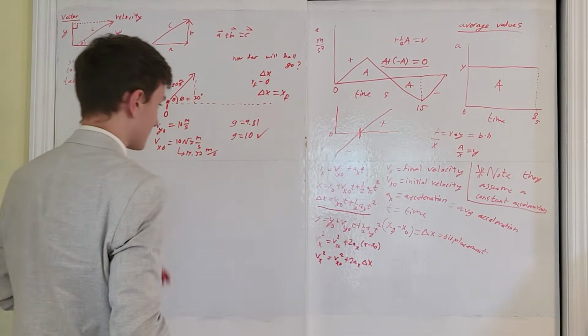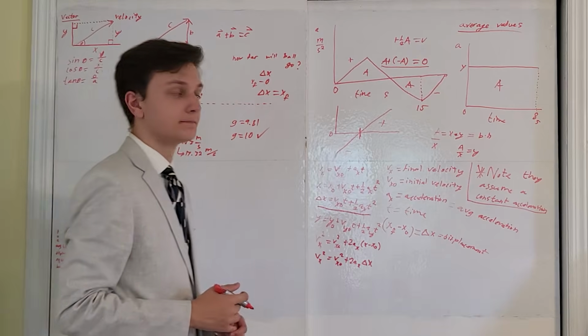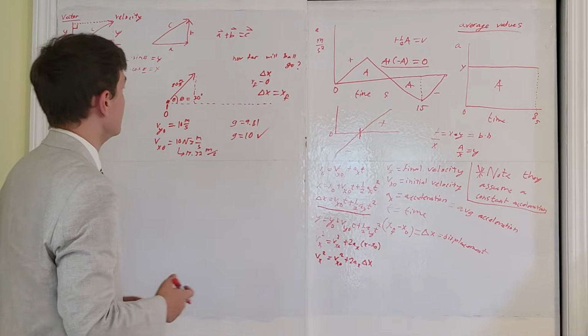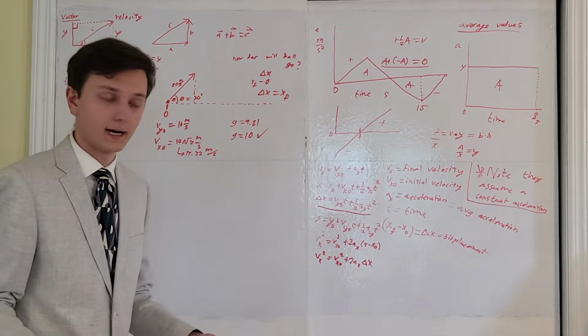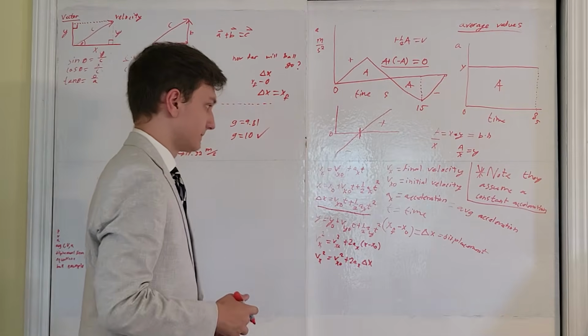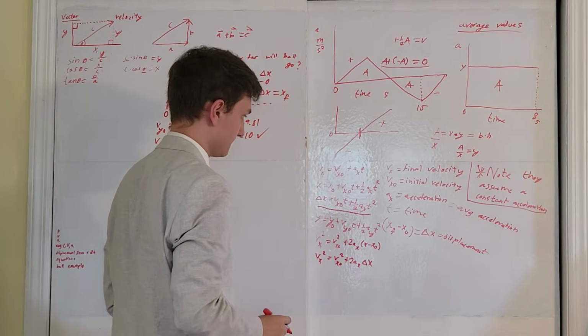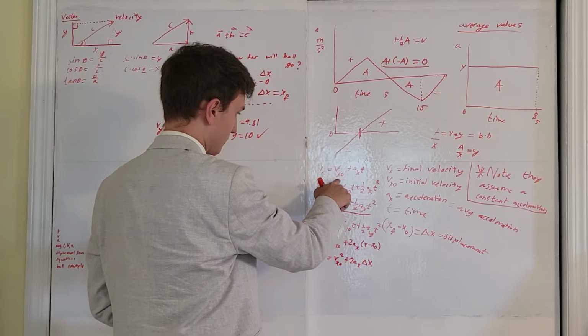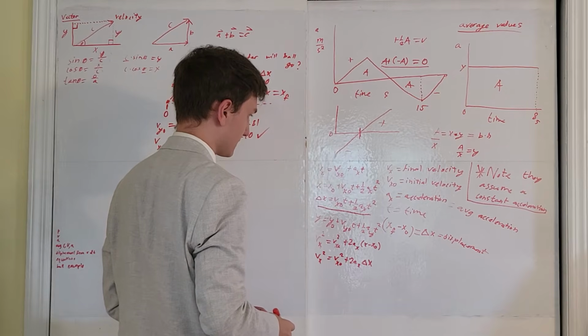Now I have velocity in the x direction and velocity in the y direction. Next thing I need is time t. That's not given to me, so I need to find a way to find time t. I'm going to consult a different equation. This equation tells me that my final velocity in the x direction equals my initial velocity in the x direction plus my acceleration times time t.